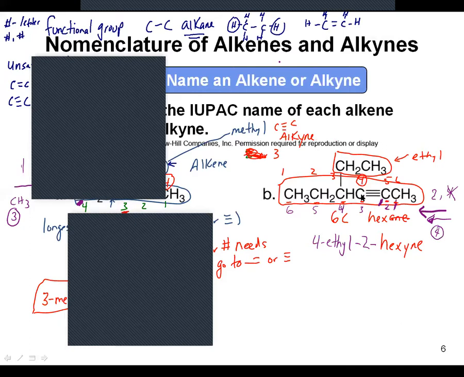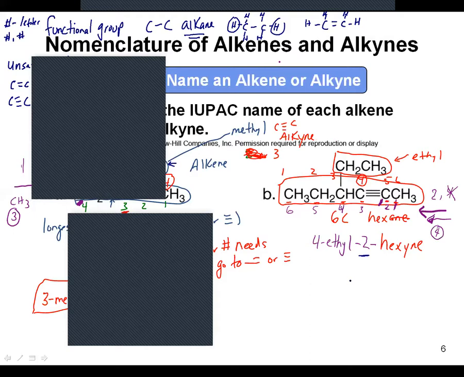If we go right to left in terms of the numbering, our triple bond ends up at carbon number 2. So again, that carbon number 2 is a lower number. So we would want to number in this case going right to left. And that means because we're locked into numbering right to left, our ethyl group will be at carbon number 4 in that case. So it's very similar to how we name alkanes.